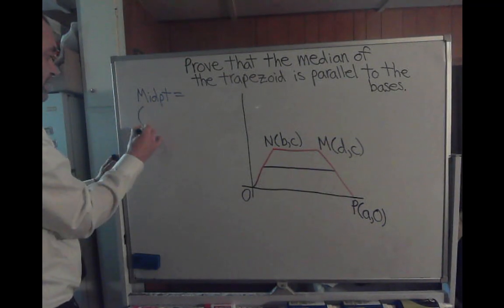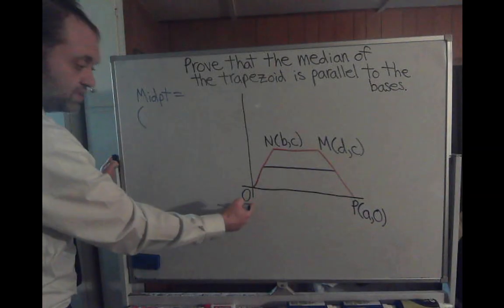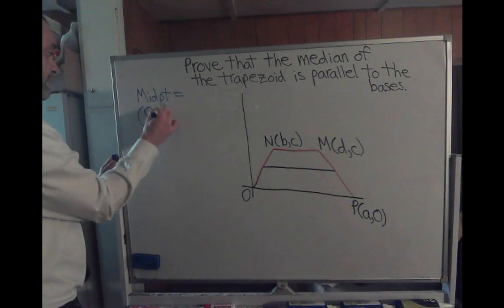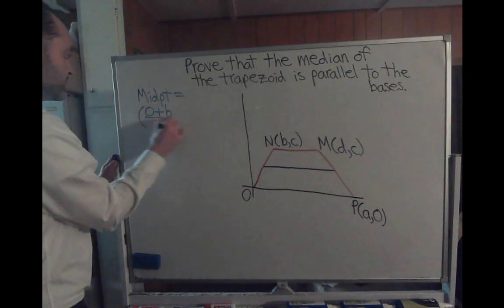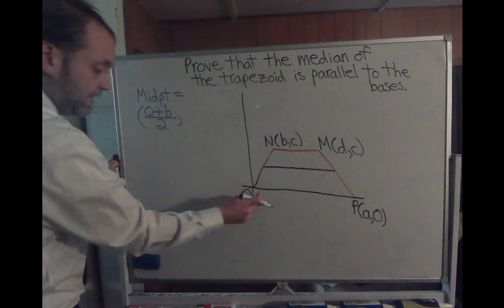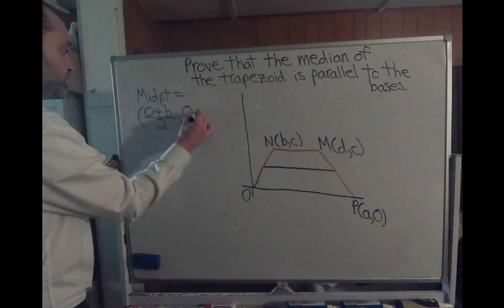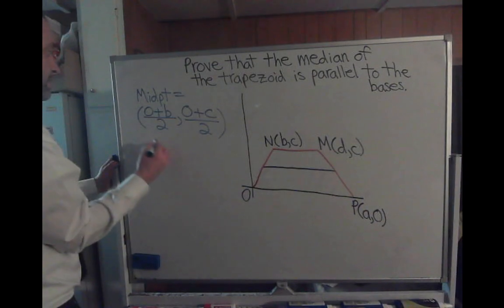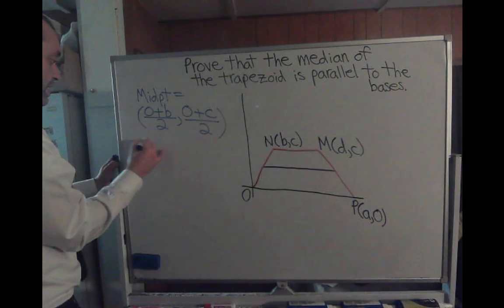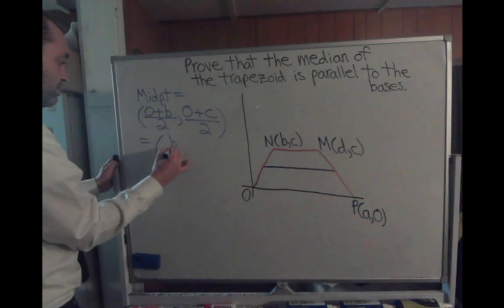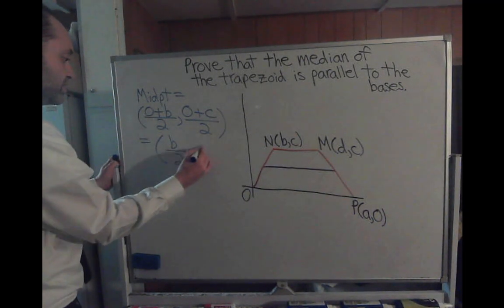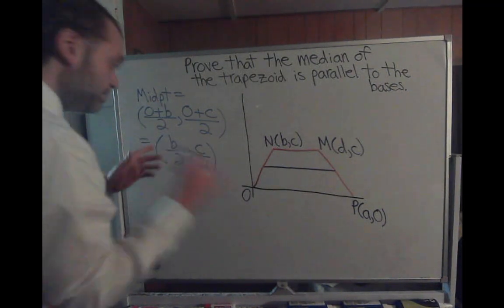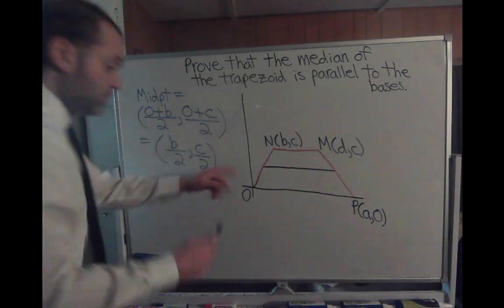You're going to take your x1, which would be, of course, 0, since it's 0, 0 at point O. So 0 plus b all over 2. And then your y1 would be, of course, 0 plus your y2 of c all over 2. So the midpoint would end up being b over 2, c over 2. So that is therefore the midpoint of side ON.